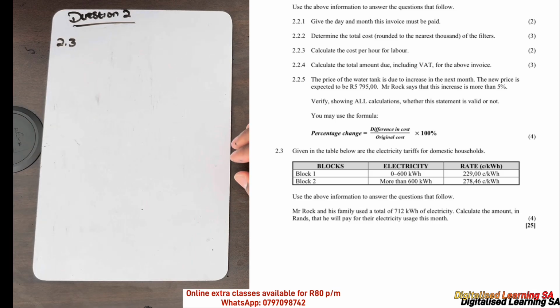Given in the table below are the electricity tariffs for domestic households. We are told to use the above information to answer the questions that follow. Mr. Rock and his family used a total of 712 kilowatts of electricity, and we must calculate the amount in rands that they will pay for their electricity usage this month.